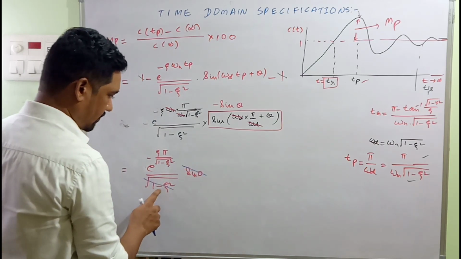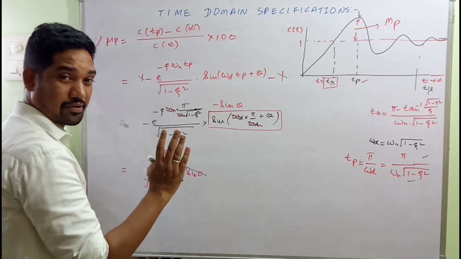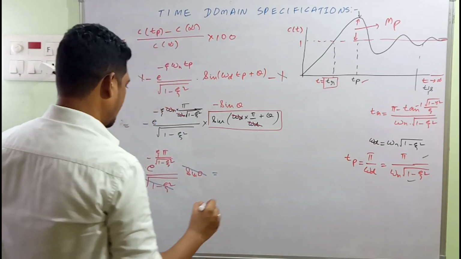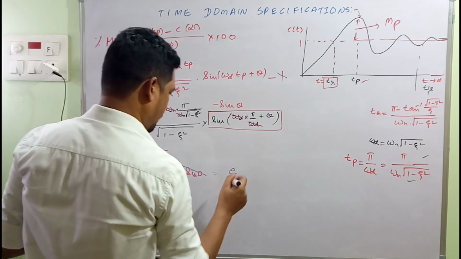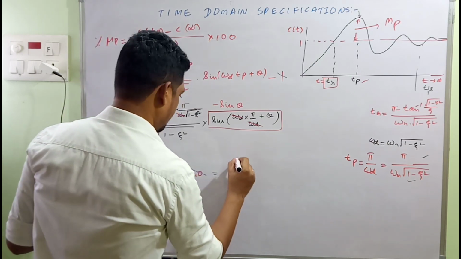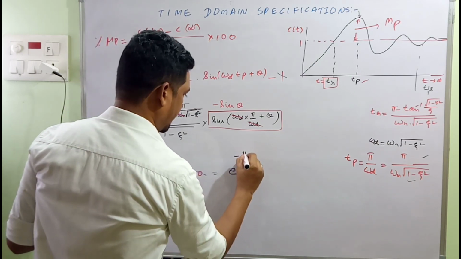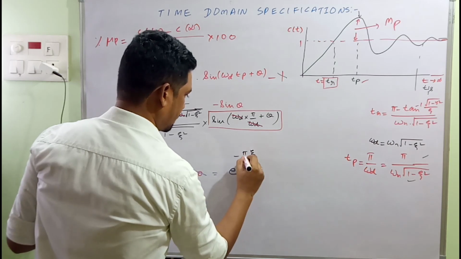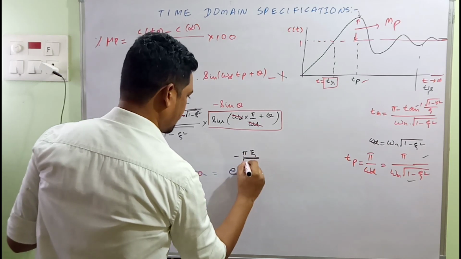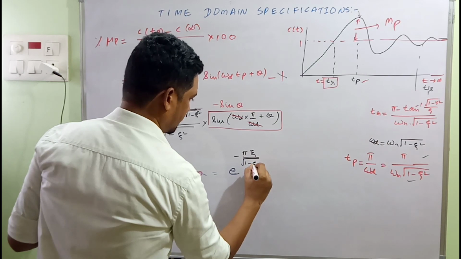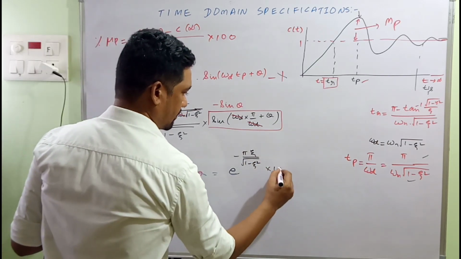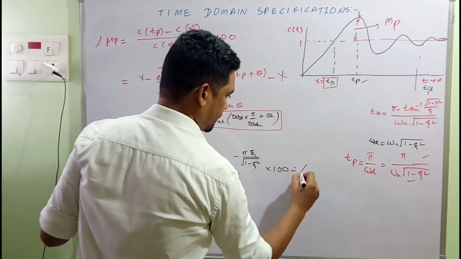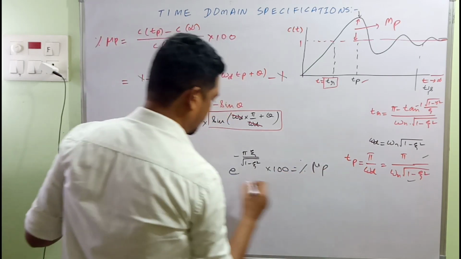Why? Because this is equal to sine theta from the triangle. Which will be equal to e raised to minus of pi zeta by under root 1 minus zeta square. This is the expression for Mp into 100, the percentage overshoot.